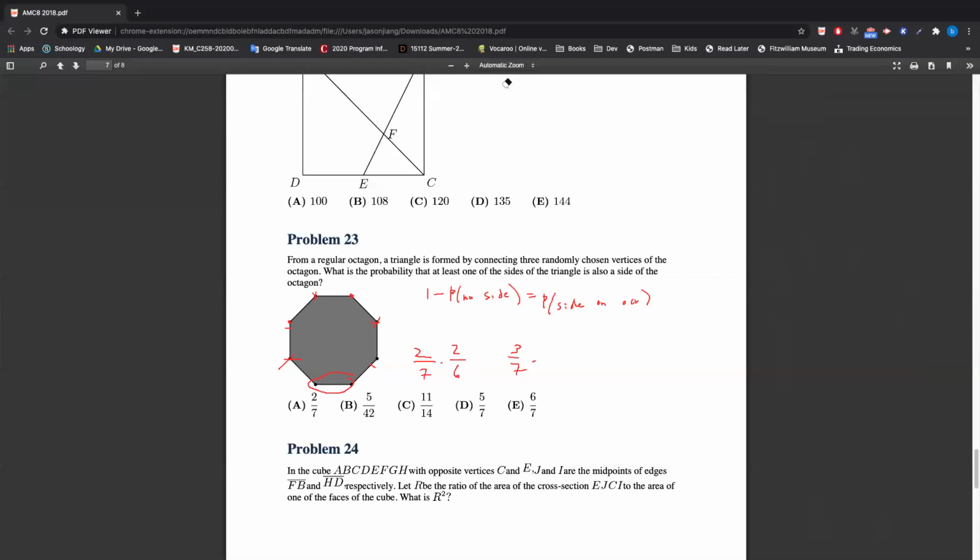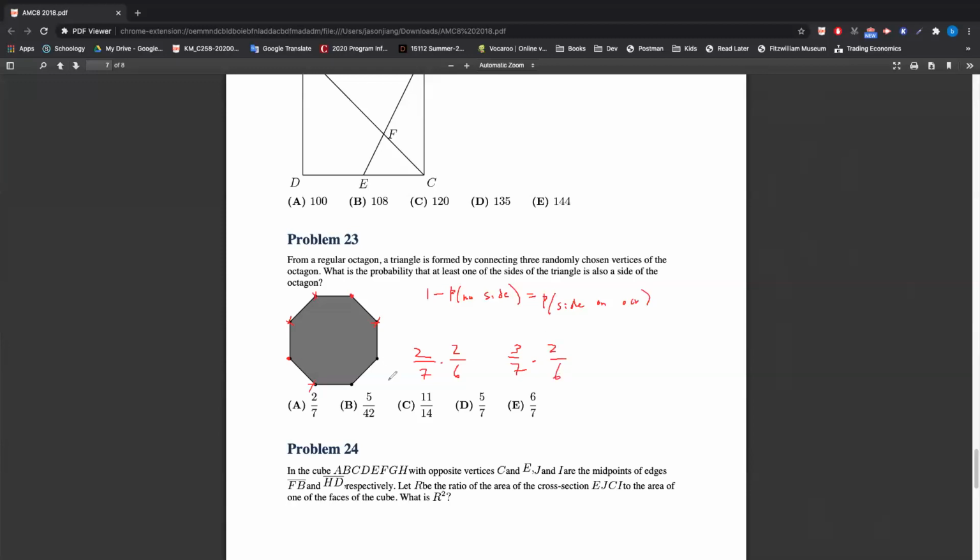Now, I will fix this. Let's say we picked a vertex in the other 3. That actually crosses off 2 vertices instead. But it doesn't matter, it's still 2 out of 6.